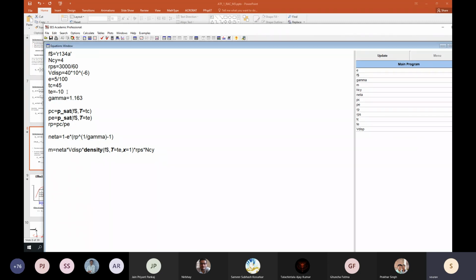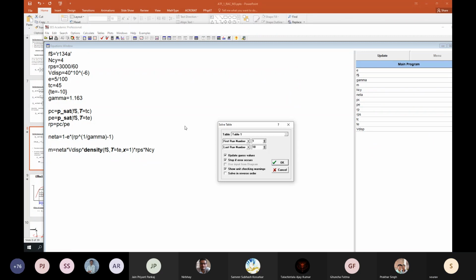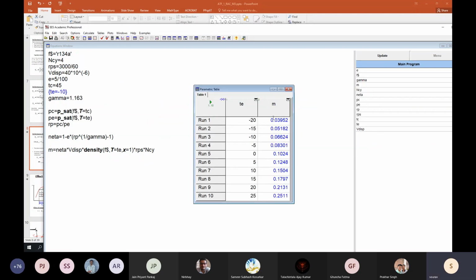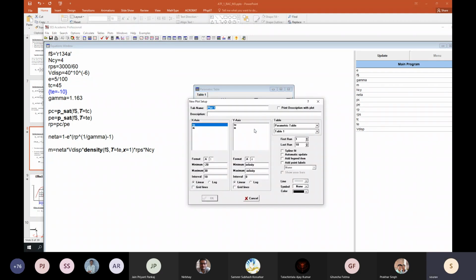So you have to comment out this TE over here. And then go to table, go to calculate and go to solve table. That's okay. You will see the variation of mass flow rate with evaporator temperature. Now, if you want to plot this, go to plot, new plot, XY plot. So x-axis is TE, y-axis is M, the two variables. This is how it varies.